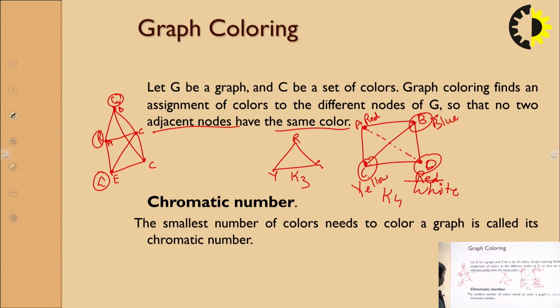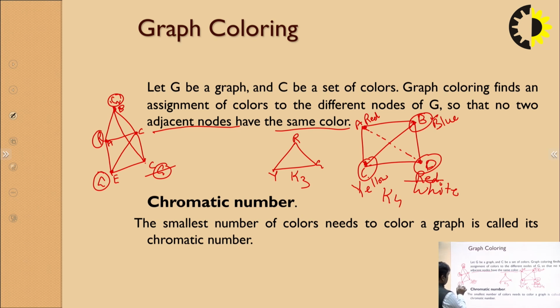We modify this graph. Now if we assign green to C, then vertex B is adjacent to vertex C, so we cannot put the same color.